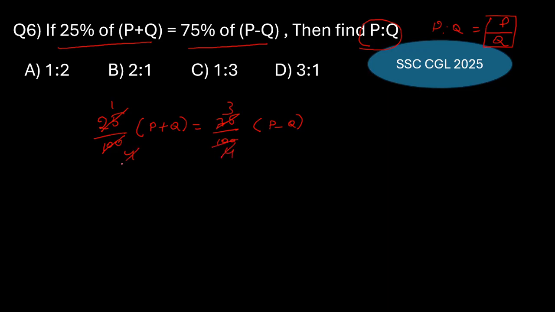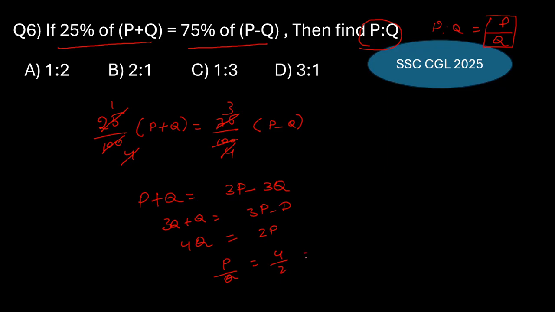Both these fours get cancelled, and I was left with P plus Q equals 3P minus 3Q. 3Q plus Q equals 3P minus P. That is 4Q equals 2P, and P by Q can be written as 4 by 2, that is 2 by 1.